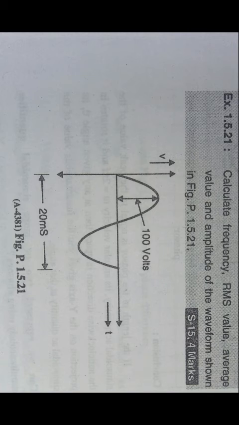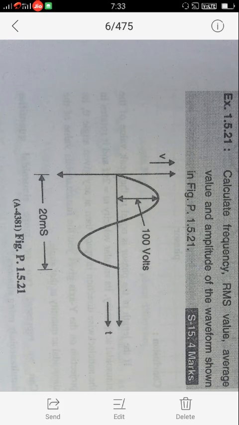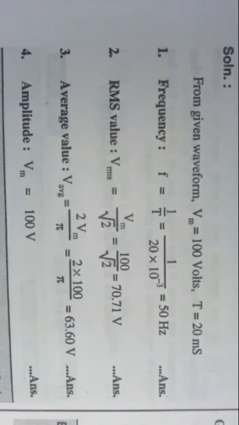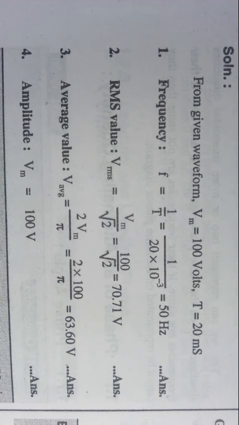Now this is also a sine wave in which the magnitude is shown as 100 volts and T, that is time period, is given as 20 milliseconds. Now we will go for the solution.